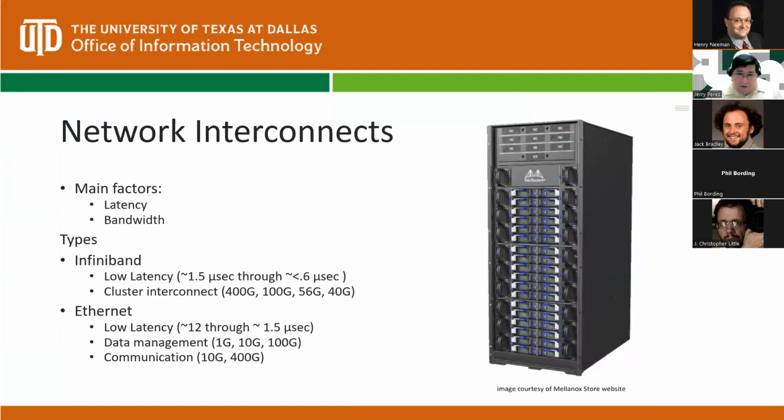And then we have the network interconnects. Of course, I'm not advertising for Mellanox or anything like that. This is just a nice picture. But there are other technologies that are out there, newer technologies. But let's just talk a little bit about what's out there right now and what we have here. So you have some factors to consider with your network interconnects.